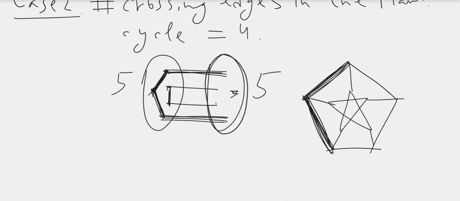Without loss of generality, up to rotation, we can assume that these are these edges, and then the third edge is the two remaining. So these three highlighted edges belong to the Hamiltonian path, and then we have the crossing edges: this edge, and these two edges.